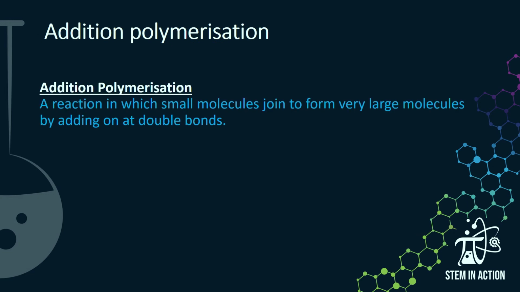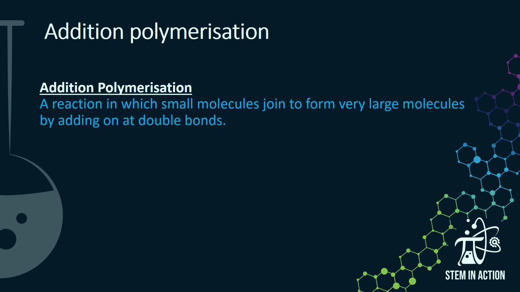Addition polymerization is a reaction in which small molecules join to form very large molecules by adding on a double bond. With addition polymerization, we are starting with a monomer that is an unsaturated monomer, or that has a double bond. And what we are simply doing is adding another molecule that also has a double bond to the double bond.